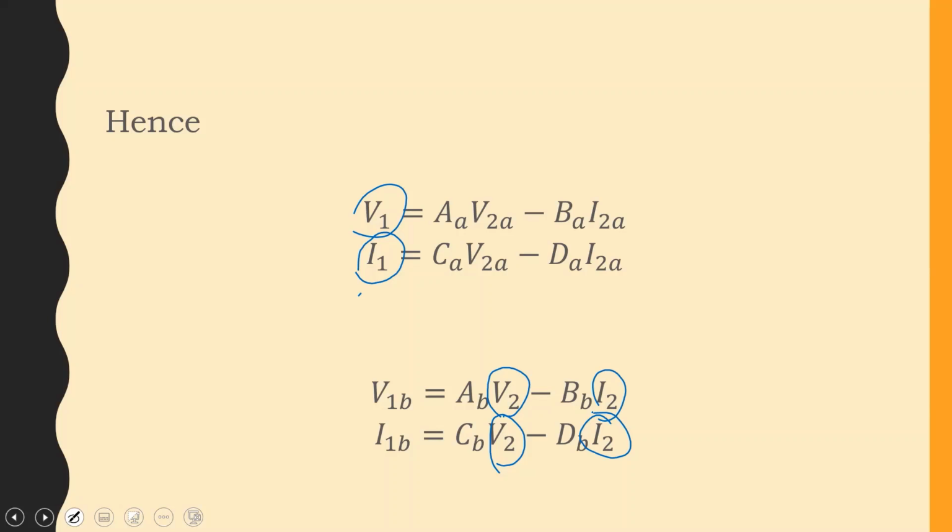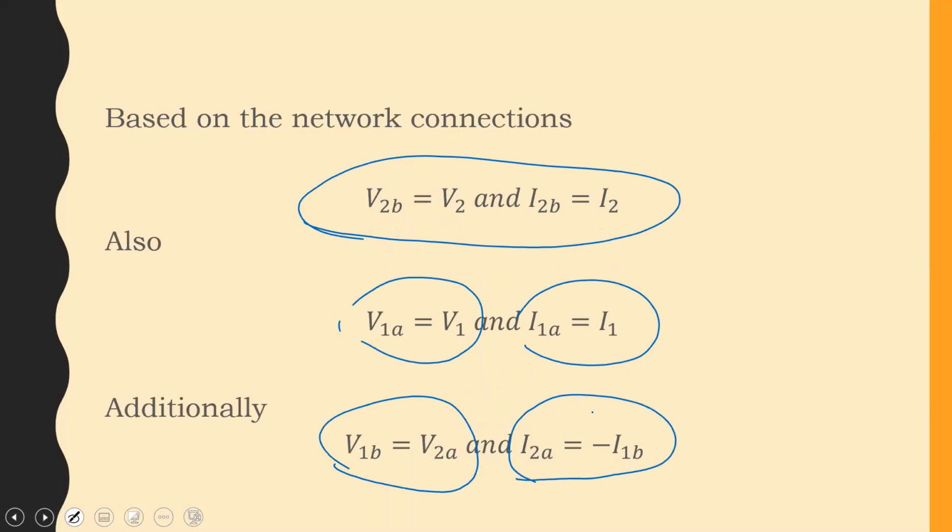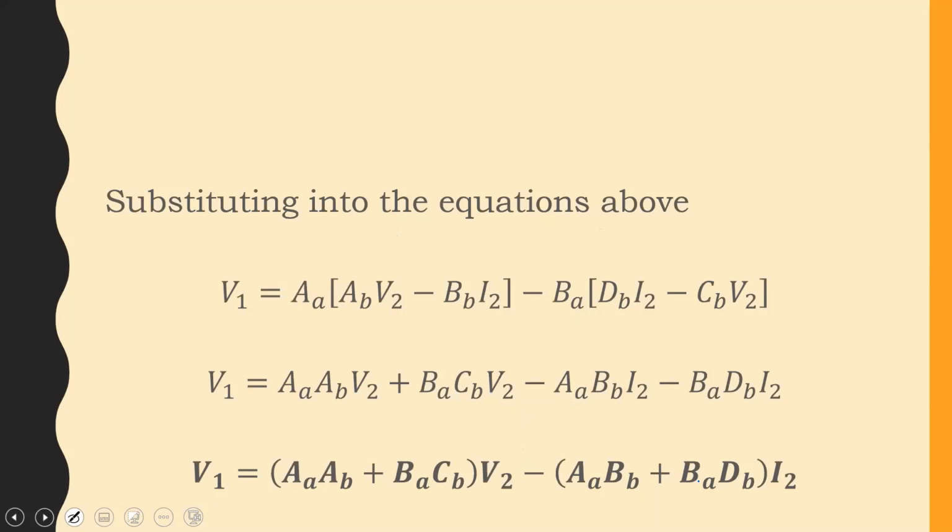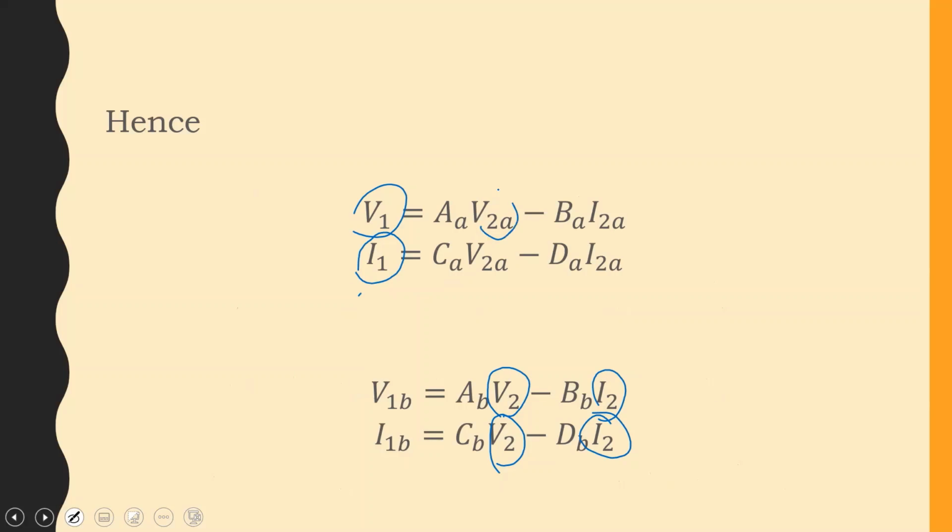Okay, so this is what we have here. We're going to be using these relationships in determining our final relationship. So we make the substitutions. ABV2 minus BBV2, that was equal to V2A, because remember we said that V2A was equal to V1B.